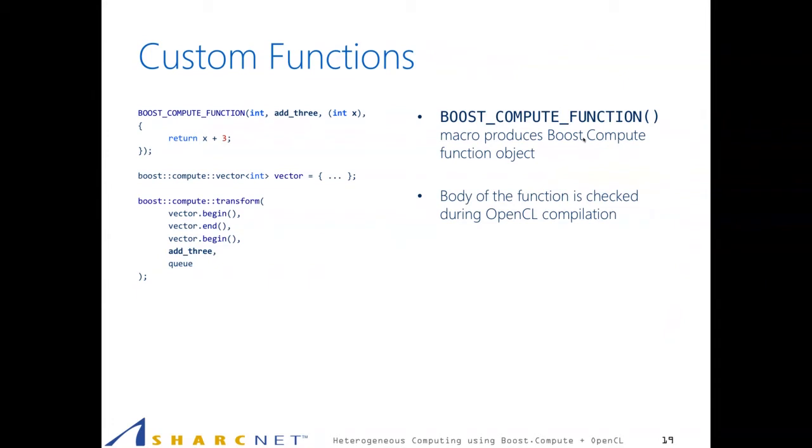You can also have some custom functions. Most of the STL and also Boost.Compute algorithms accept a function for their operation. So you can use this Boost.Compute macro to define your function. For example, the transform algorithm is one of those algorithms that need a function.